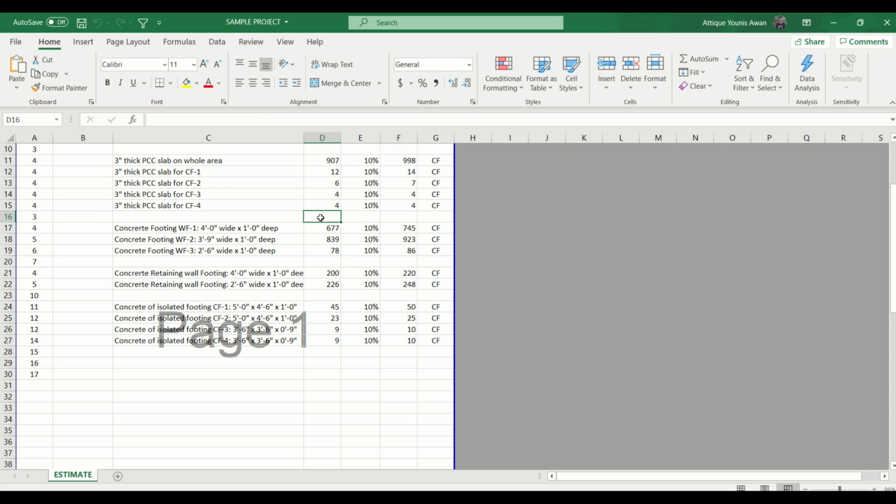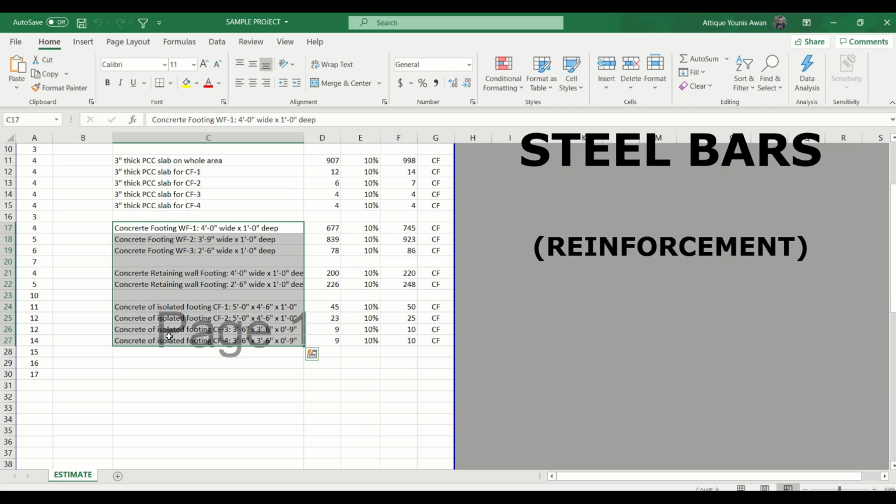If we talk about the PCC, we will have cement, sand and aggregate in PCC, and in concrete footing we are going to have cement, sand and aggregate as well. But as this is reinforced concrete, we will have steel bars in it as well.